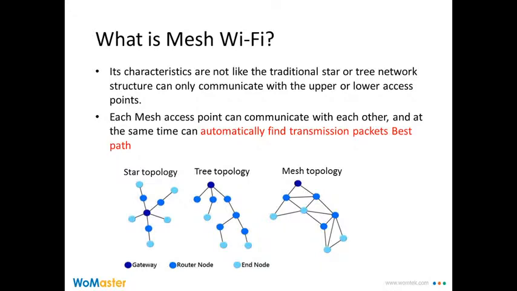The end node, the end of each path is end node. Usually it connects to the terminal devices, just like the cell phone, PLC, or anything else. And the others are the route node.